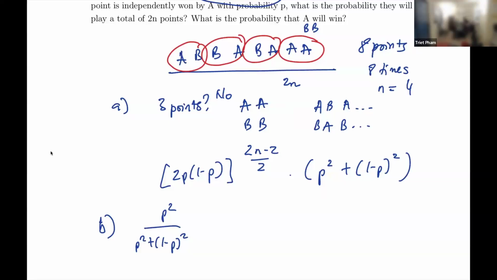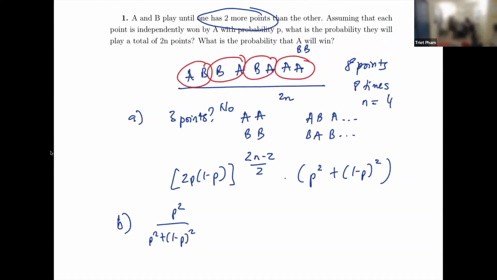But let us cast this into a concept that we have seen before. Does this expression look familiar? This looks like a conditional probability. So how come the probability of A winning comes out to be something like a conditional probability?